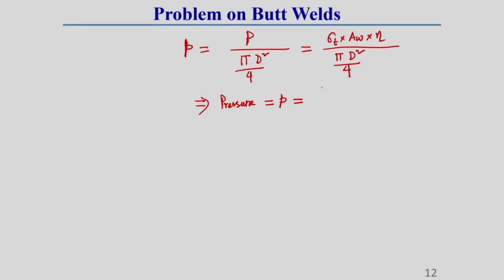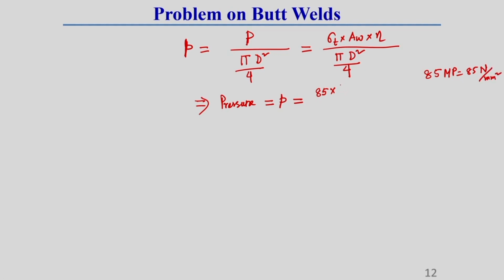So, here sigma T is 85 MPa, which is given. Here I am putting all the things in millimeter. So, 85 MPa is equal to 85 Newton per mm square. This you should keep in mind.